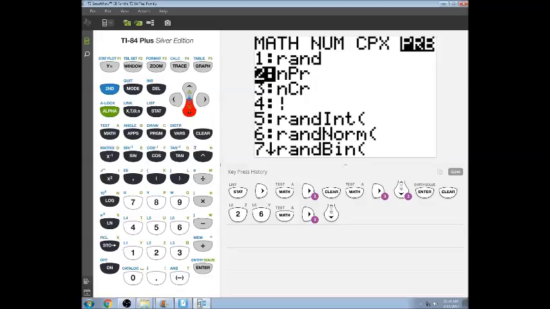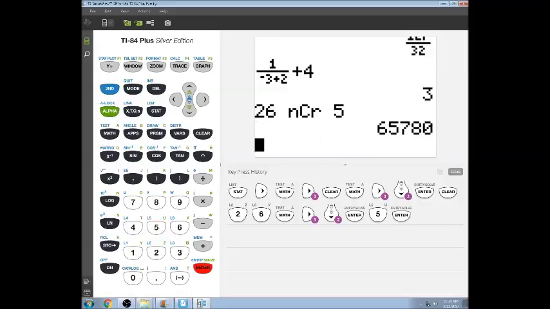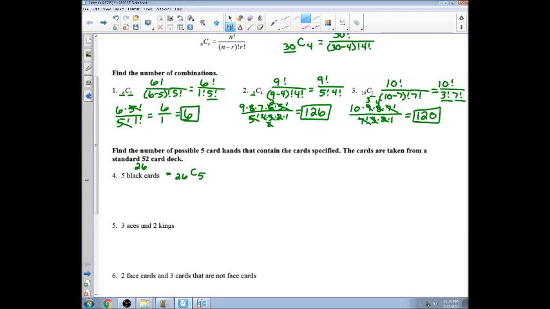Then I'm going to go down to NCR because we're using combinations. And then I'm going to put 5 as my second number and hit Enter. It's going to come up with the answer for us, which is 65,780 different combinations. So if I go back, there are 65,780 combinations of 5-card hands I can make with just black cards.